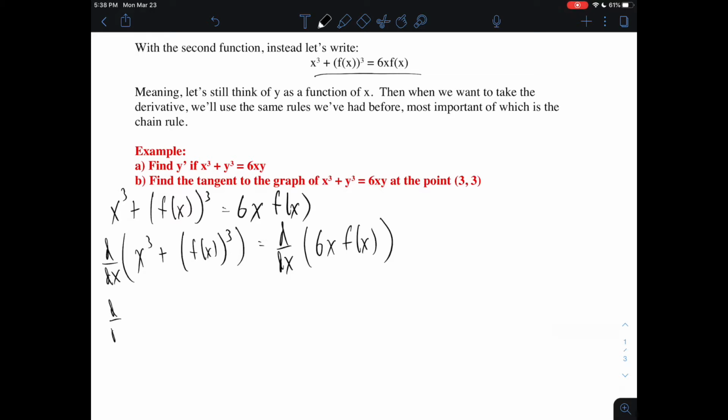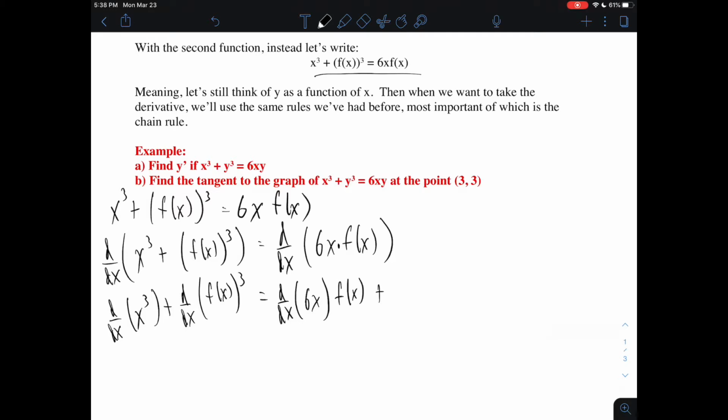So the derivative with respect to x of x cubed plus the derivative with respect to x of f of x cubed. And then on the right-hand side, we need the product rule, which means we take the derivative with respect to x of the first part of the product, 6x, and multiply that by the second function, f of x, and then we add the derivative with respect to x of the second function, f of x, and multiply that by the first function.